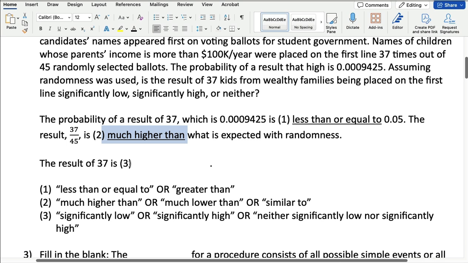So then our conclusion is the last statement. Is the result of 37 significantly low, significantly high, or neither significantly low nor significantly high? I think it's pretty obvious what we're going to say there: the result of 37 is statistically significantly high.